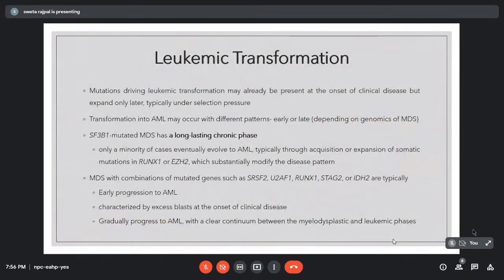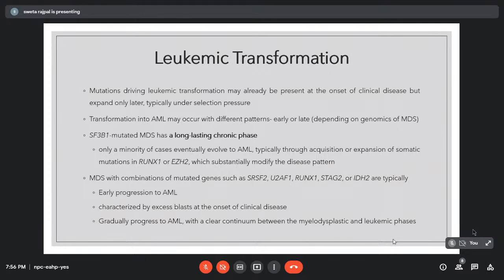The mutations driving the leukemic transformation can be present even at the earliest stage of the disease, or they can appear at a later stage of the disease. It depends upon what type of mutation we have. For example, SF3B1 mutated MDS has a very long-lasting chronic phase.